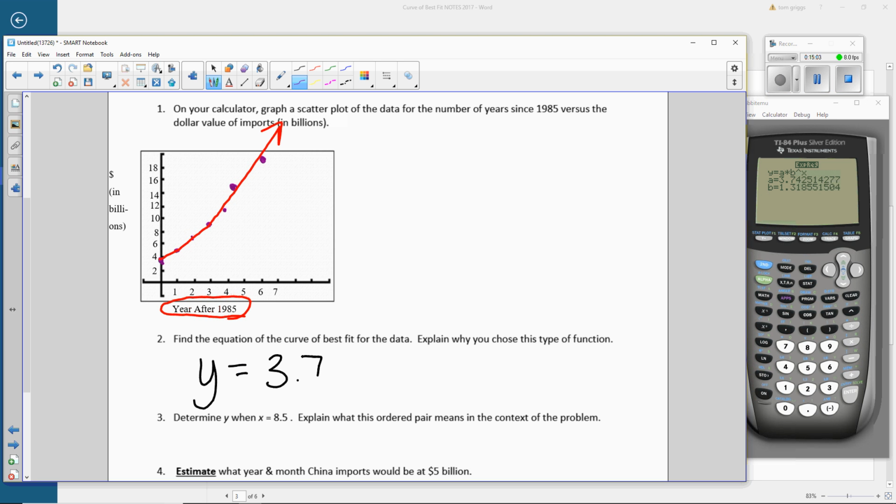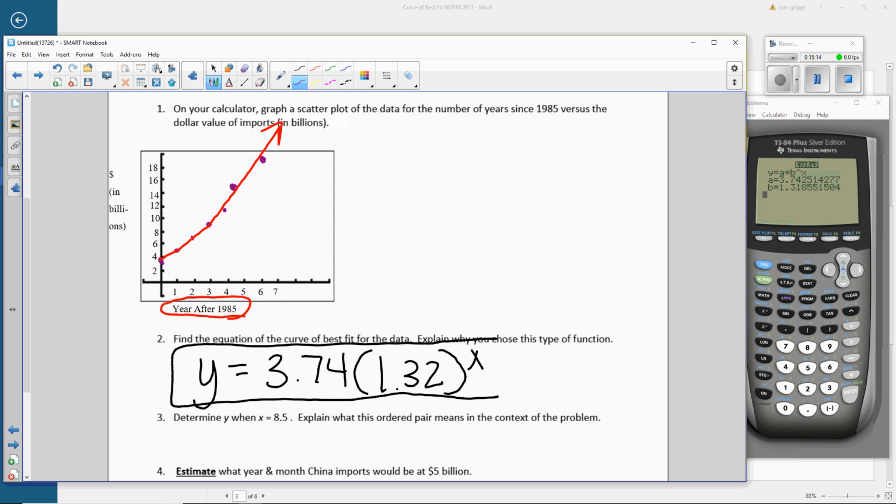I'm not too picky how you round. I usually use two decimal places, but remember, do not put this in your calculator, you're going to follow those steps that we talked about earlier to put that entire decimal into y equals.